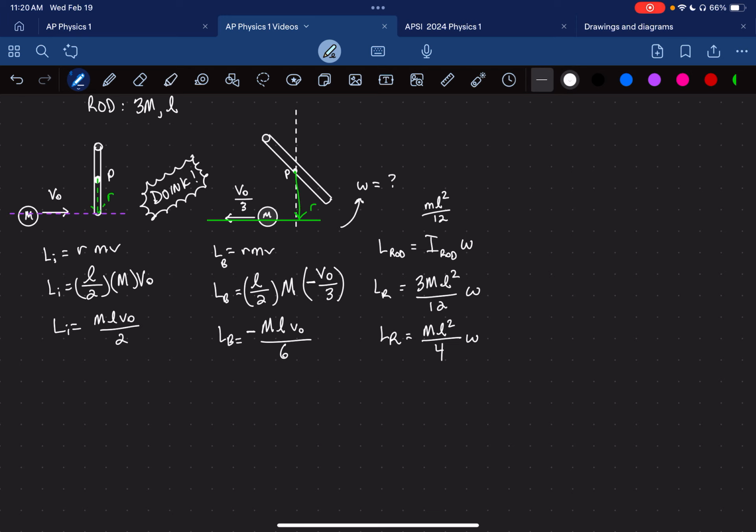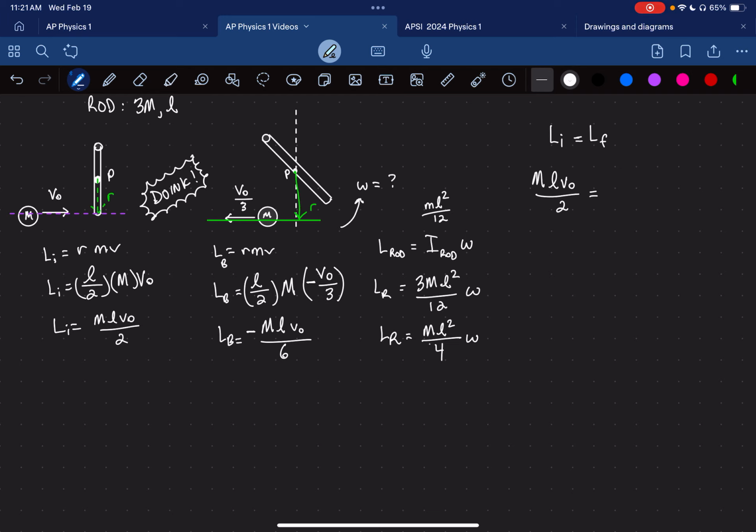Now, I did it all separately. We still haven't even gotten to finishing the problem. We could have started with L initial equals L final, but I'm just illustrating here that each of these has an angular momentum. So the initial angular momentum is just this term, m L v naught over 2.